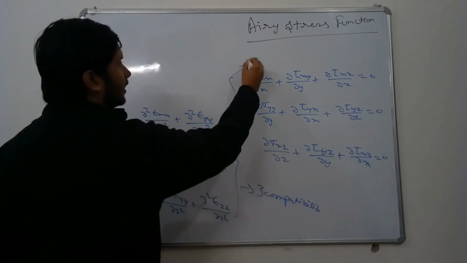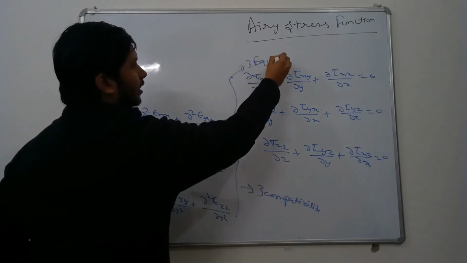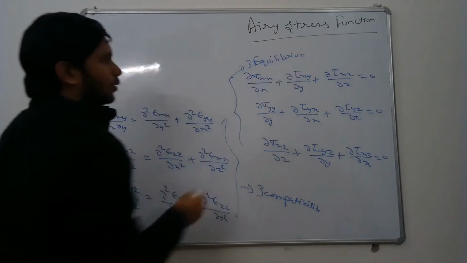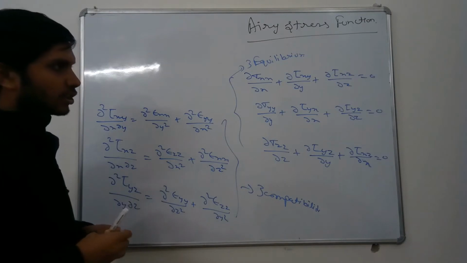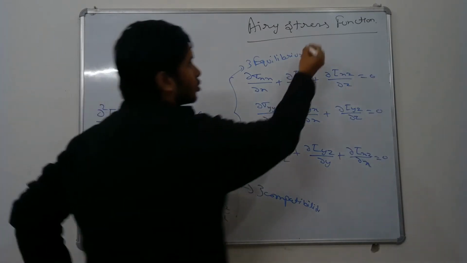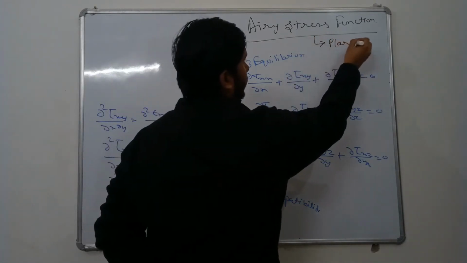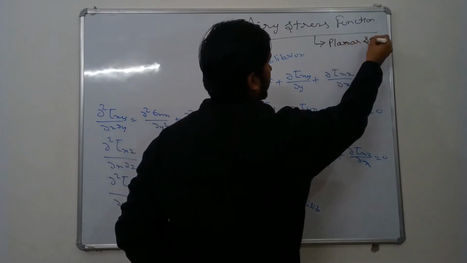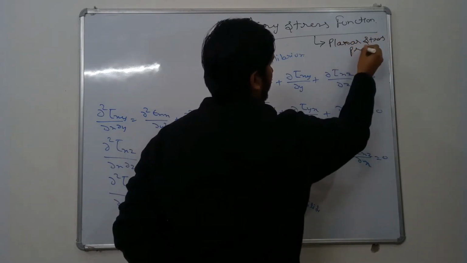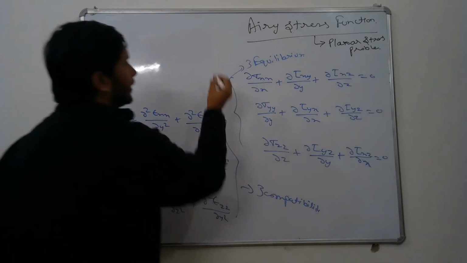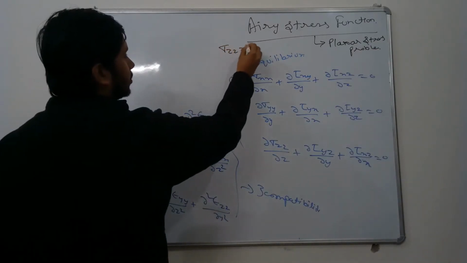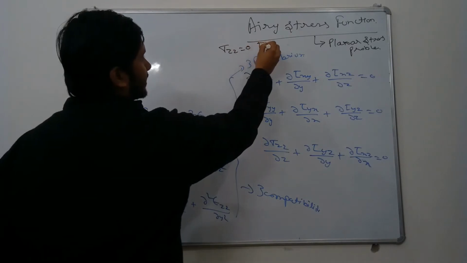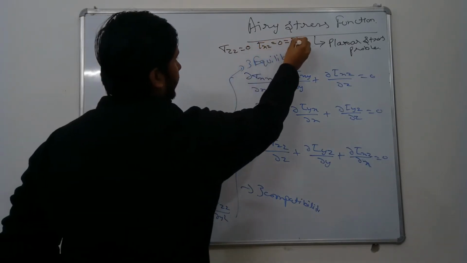These are the 3 equilibrium equations which we are going to use in following the Airy stress function. Airy stress function is also solved using the planar stress problem. In a planar stress problem, all the stresses in the z direction are 0. So basically sigma zz is 0, tau xz is 0, tau yz is 0.